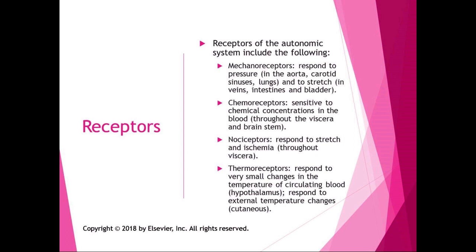Nociceptors respond to stretch and ischemia throughout the viscera. A lot of times things that happen in the veins and the bladder and things like that, we don't consciously think about them, but those nociceptors are making us aware something's going on, something's got to change, we've got to deal with this somehow. Thermoreceptors respond to very small changes in the temperature of circulating blood, and a lot of these thermoreceptors are in the hypothalamus, and they also respond to external temperature changes in the cutaneous or skin system.